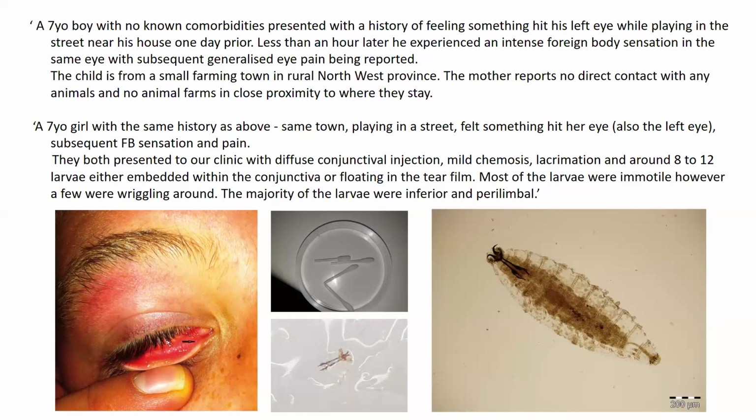And under the stereo microscope, the most obvious things we could see were the mouth part with the hooks and the anchoring part of the hooks, the mouth hooks of these larvae. And this is what we were looking at. So the larvae use these hooks to burrow into wherever they're going and gain access to the tissue in that way.